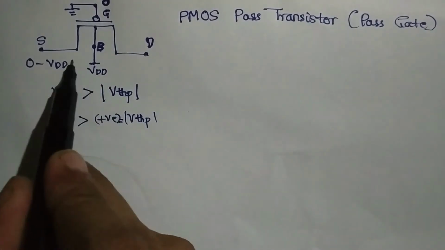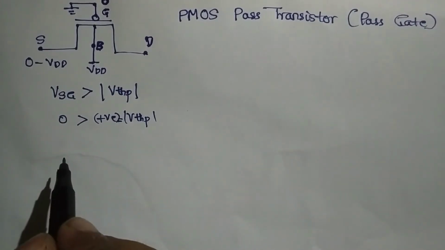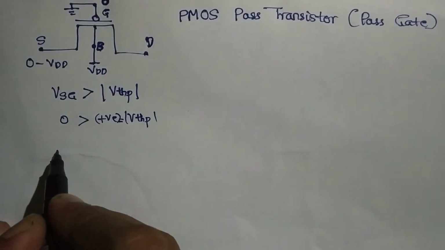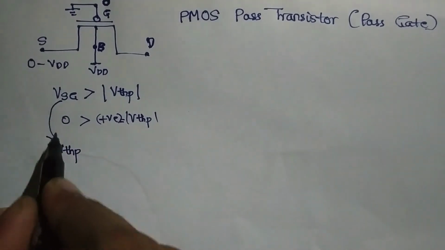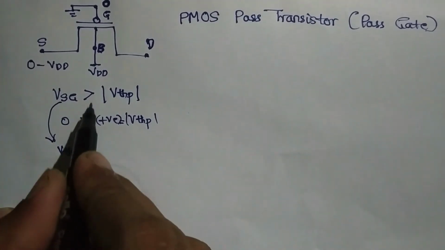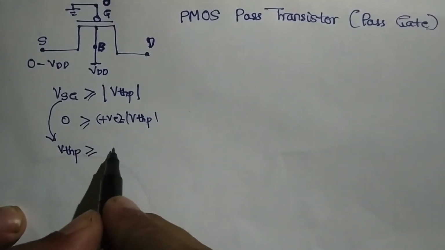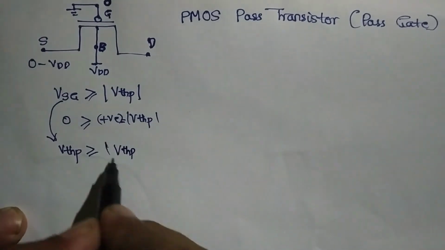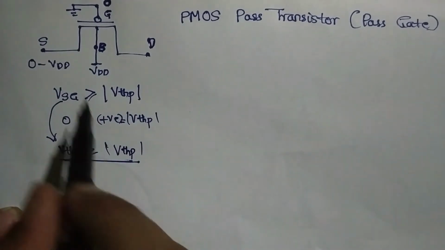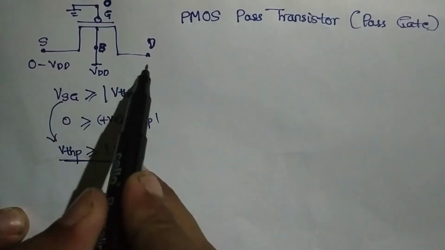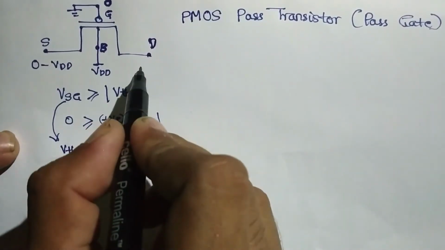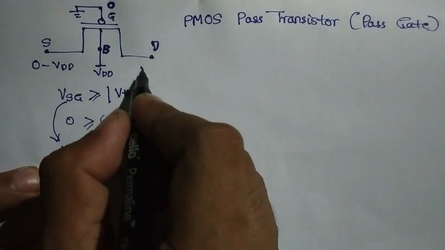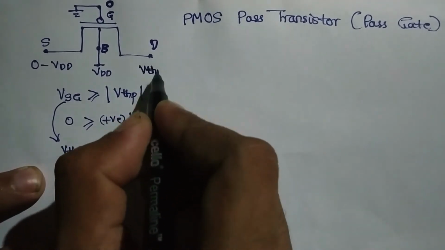So what's the minimum voltage required at the source to turn on this PMOS transistor? It's the magnitude of VTHP. If VSG is at VTHP, then it will be greater than or equal to VTHP. At this time, this MOS will be turned on and it will transfer this voltage to here. So it won't transfer 0 to here; it can only transfer from VTHP till VDD.